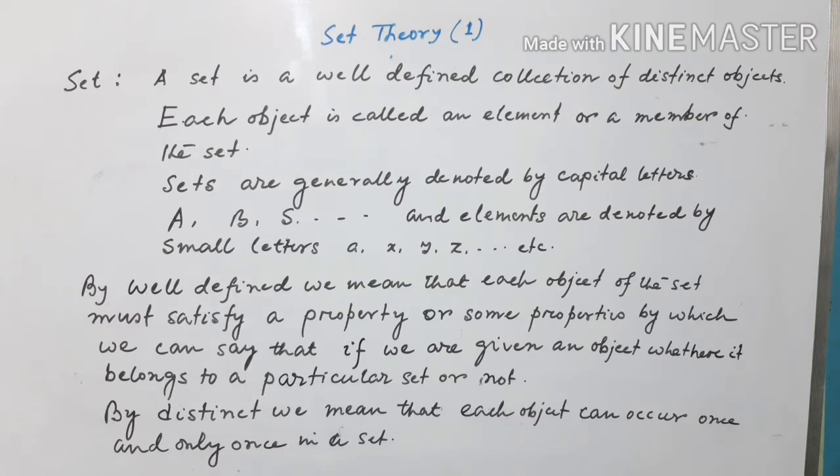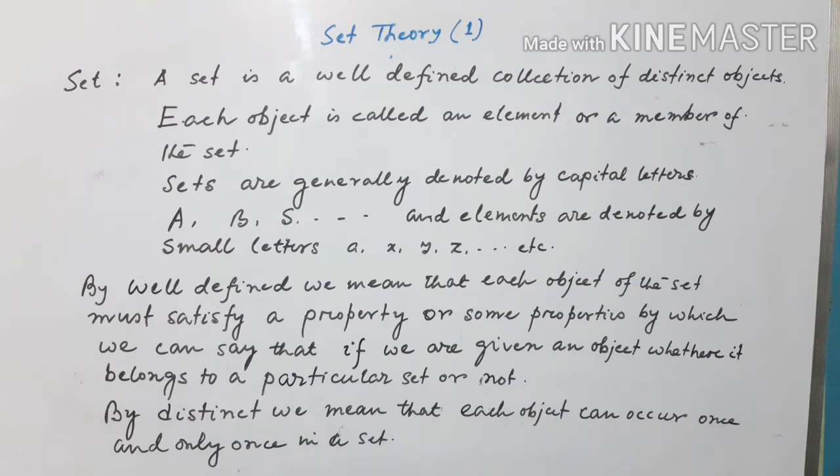Now the next important word is distinct, and distinct means each object can occur once and only once in a set. For example, if we are to form the set of all letters of the word committee, we know that the spelling is C-O-M-M-I-T-T-E-E.